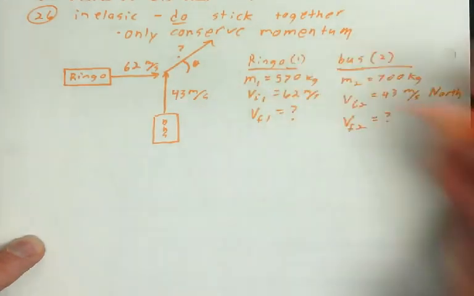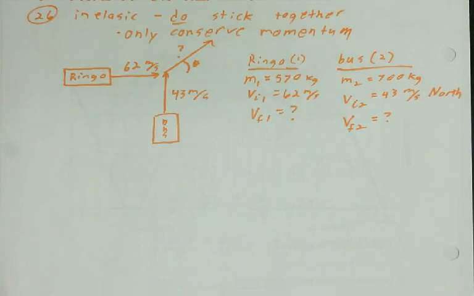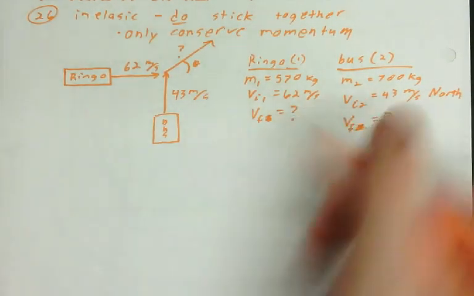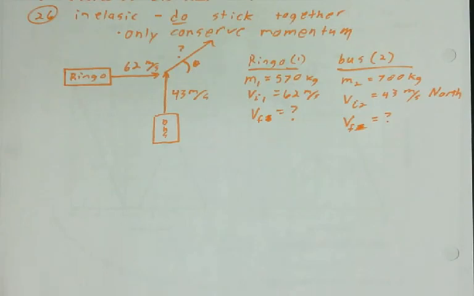And again, don't know the final velocity. They're going to have the same final velocity, right? Yep, because they stick together. So if you can make that connection, which is a connection you need to make, you can just leave it as VF and VF, because they will stick together, they will be the same.